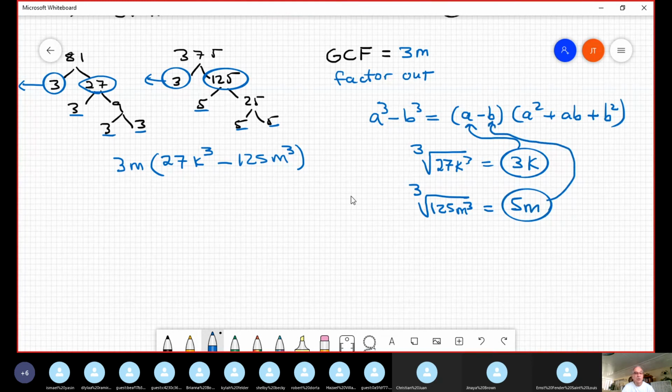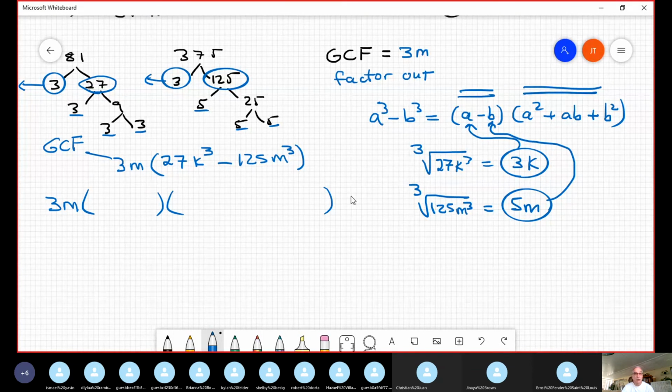So when you factor this, don't forget the 3m, because it was the GCF. I open two parentheses, one short and one long, because we have a binomial and a trinomial. In the short one, I copy 3k minus 5m, which are a and b.